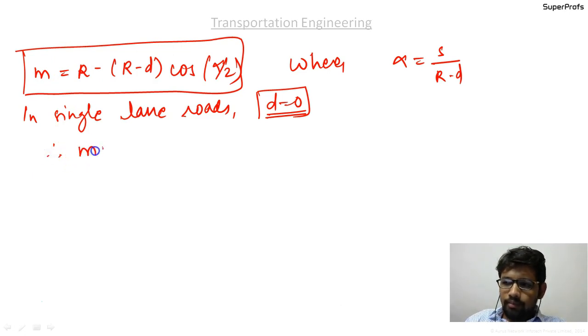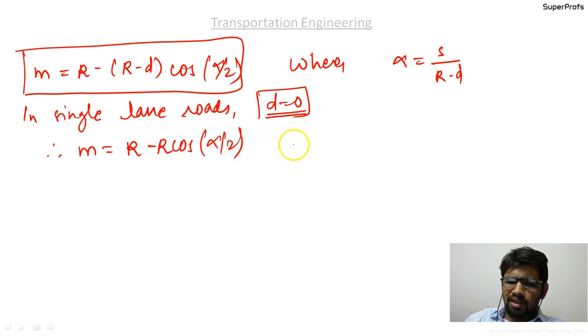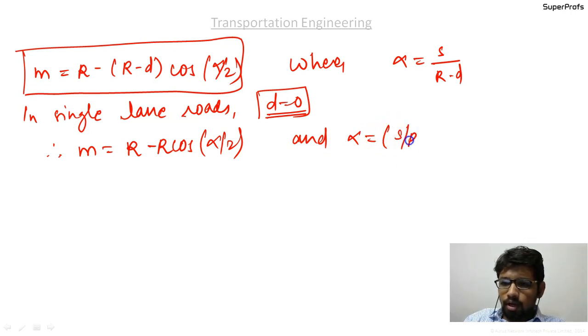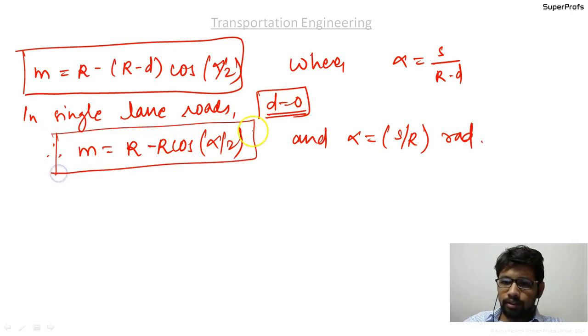Therefore, M equals R minus R cos of alpha by 2, and alpha equals S upon R radians. So just putting d equal to 0, we get the earlier formula that we already studied.